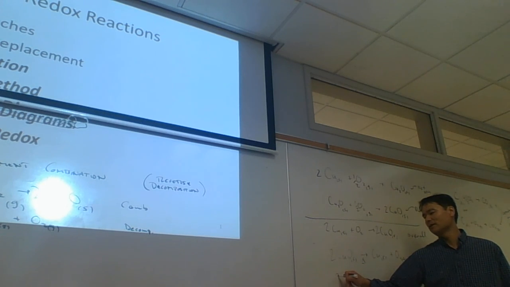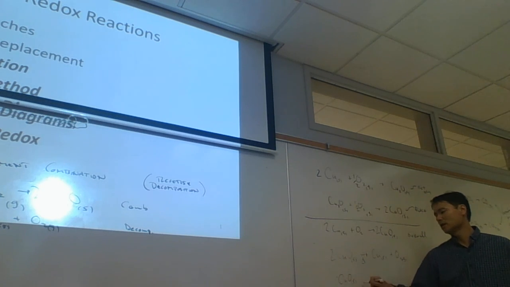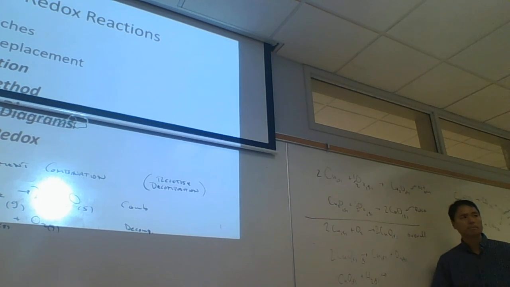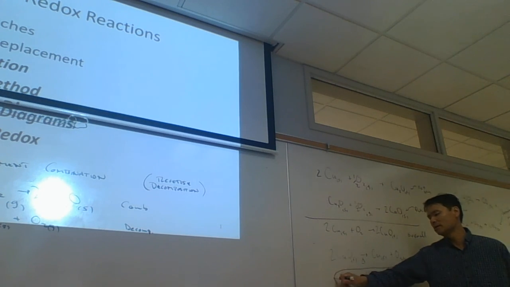For example, I've done this reaction myself where I take the oxidized copper and then add hydrogen gas to it. If I add hydrogen gas, what do you think forms? Copper and water. This requires a little bit of heat, but it's a little bit dangerous because of the hydrogen gas.